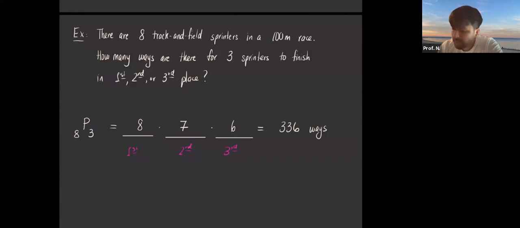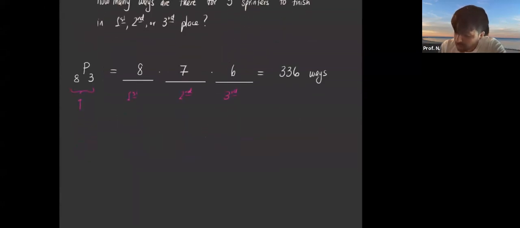So what I'm saying here is find the number of ways to permute 3 things out of the 8 things. So this is a number of permutations of 3 objects out of 8 objects, or from 8 objects.